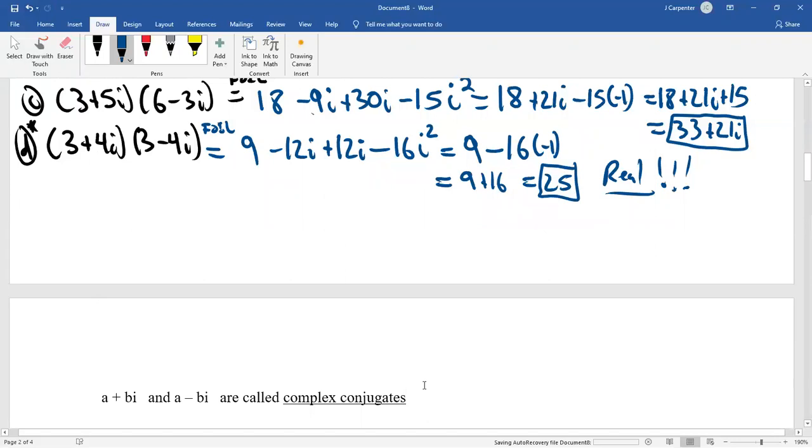These are called complex conjugates because we're taking an idea known as conjugates, but throwing an imaginary number in them, so we call them complex.